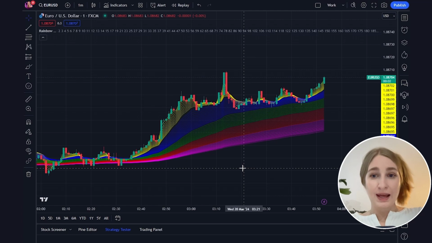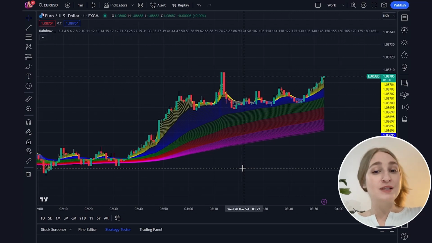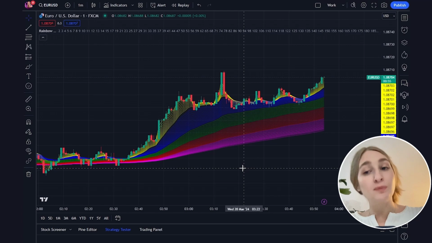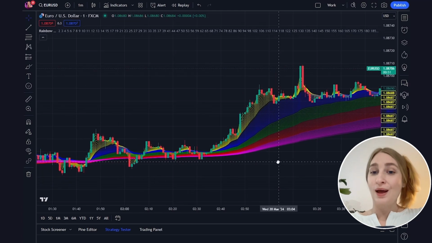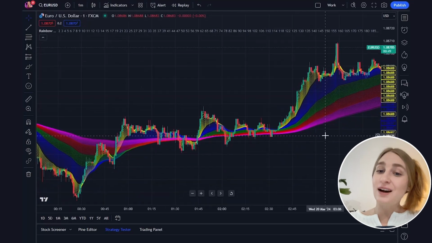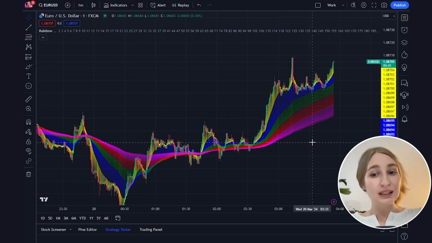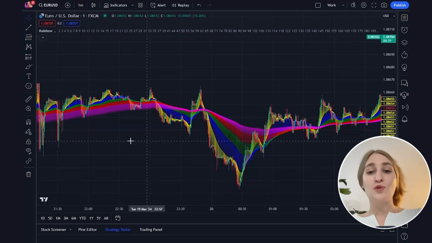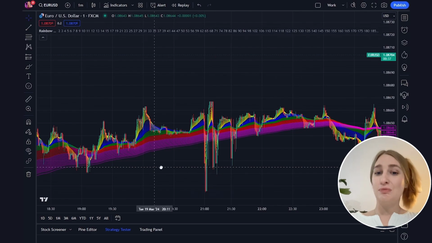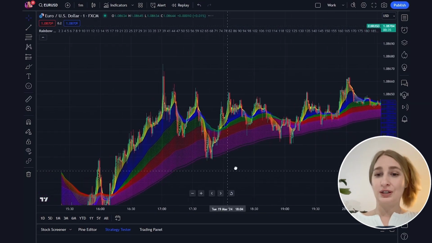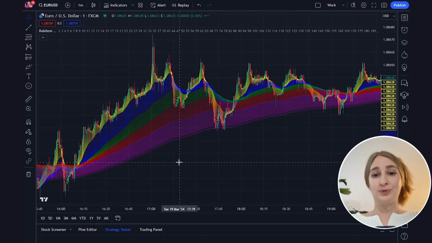For example, the yellow line more accurately repeats the chart movement, while the blue line, in this case, is smoother and does not define the chart movement so accurately. So on green, red, and pink, we also have a repeat of the chart movement, but softer, much smoother, like here, for example.